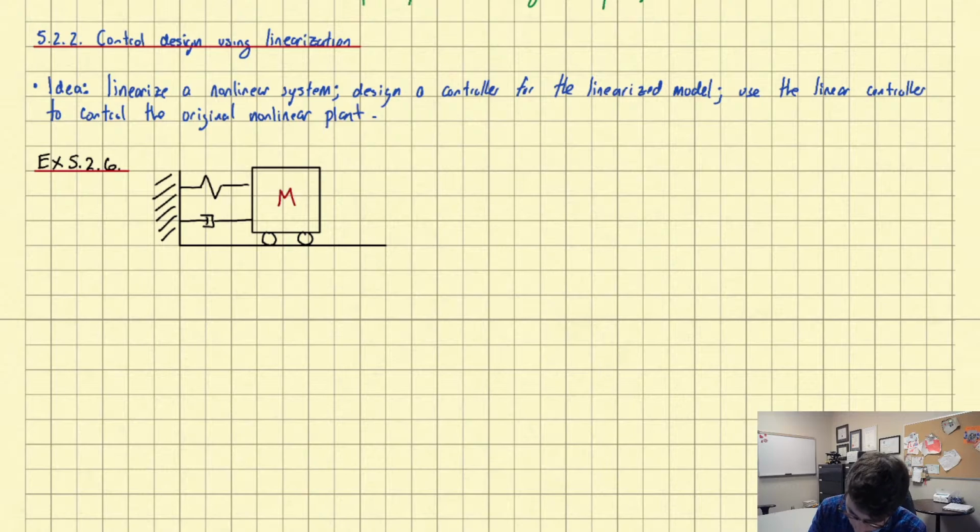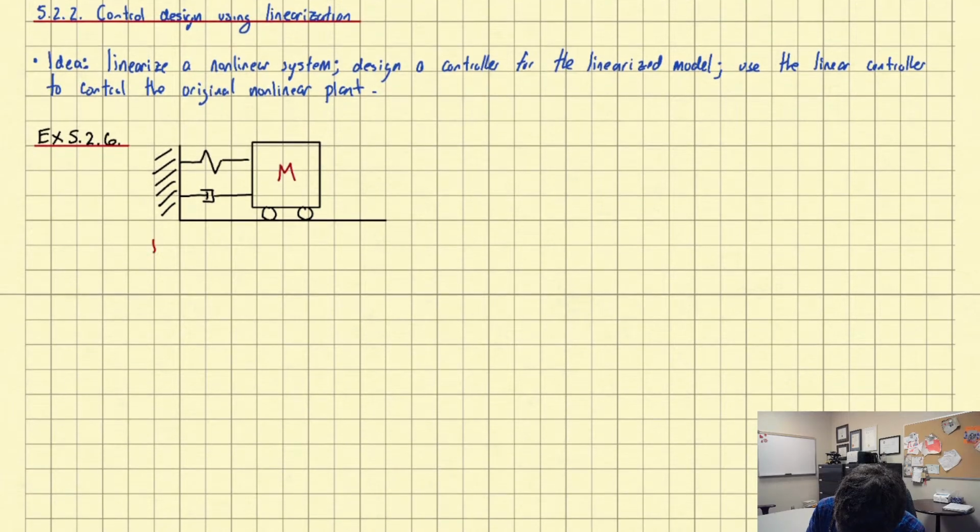Okay, and so let's label a few of these things. The position of the cart we'll call q. Right, so the cart has position q.